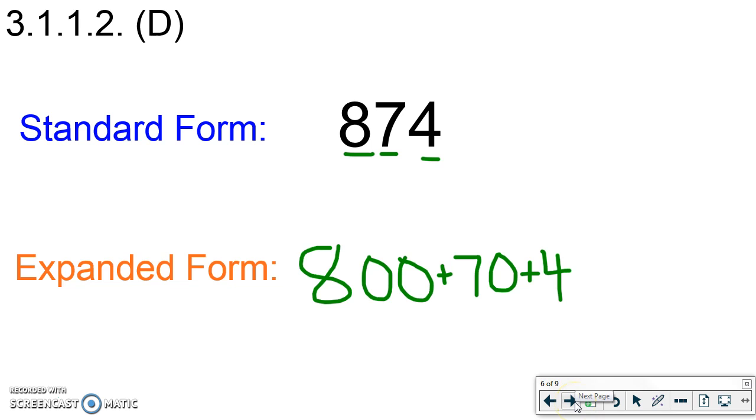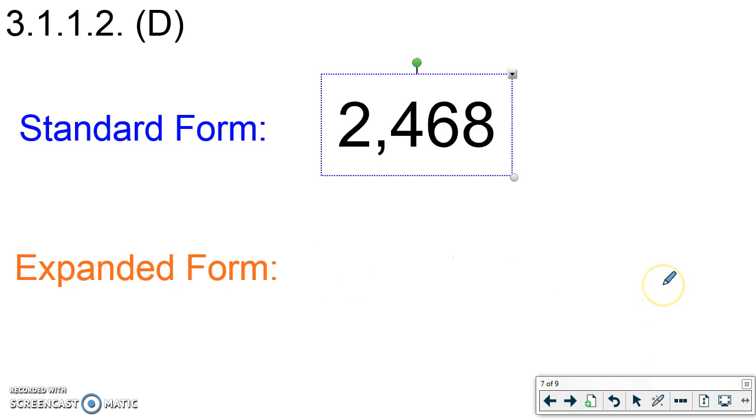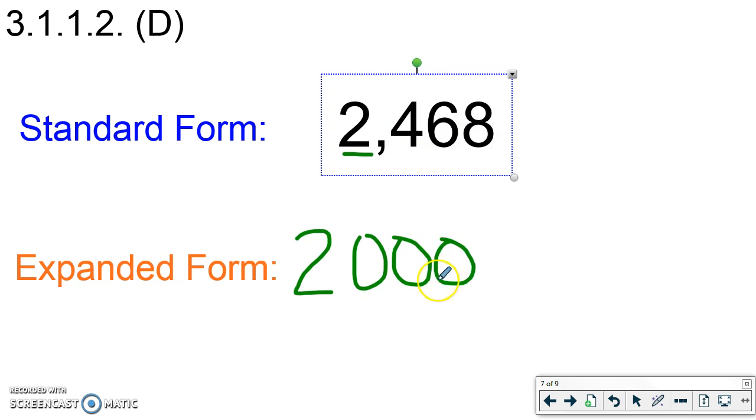Okay, erase. Bigger number yet, a 4-digit number. 2,468. Pause the video as you write this in expanded form. All right, here we go. 2,000. There's 3 digits after it, so it's going to be 3 zeros. I'm going to put my zeros in, and then I'm going to go back and put my comma.